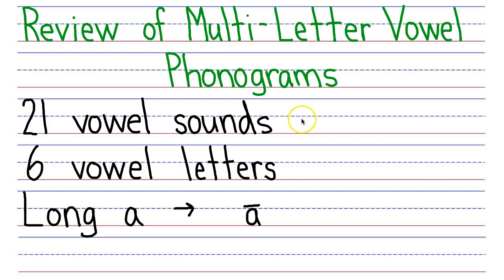We've got the long sounds: A, E, I, O, U. We have the short sounds: A, e, I, and U. We have the broad A sound, ah, and we have the unstressed vowel sound, the schwa sound.